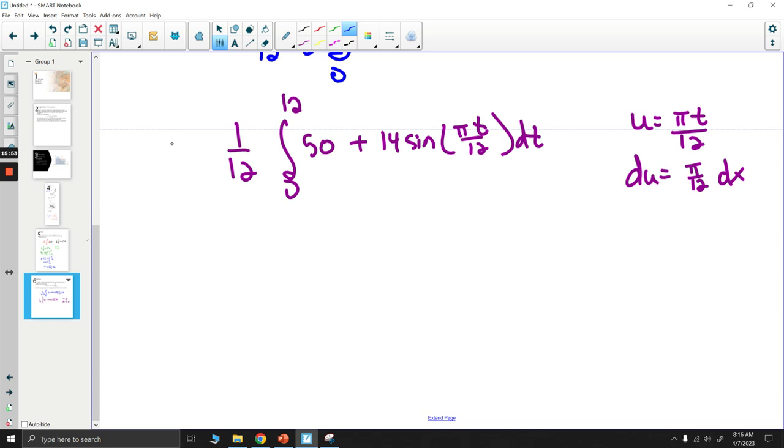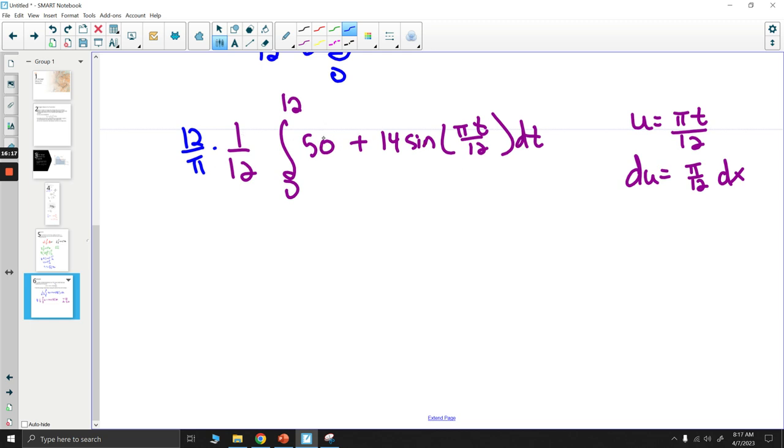So dividing by pi over 12 is like saying times 12 over pi outside. So we can put in this pi over 12 into this thing. We can split this into two integrals, but I'm just doing it all as one for the time being because it doesn't really matter. And since I have the constants outside of it, I don't feel like distributing them.